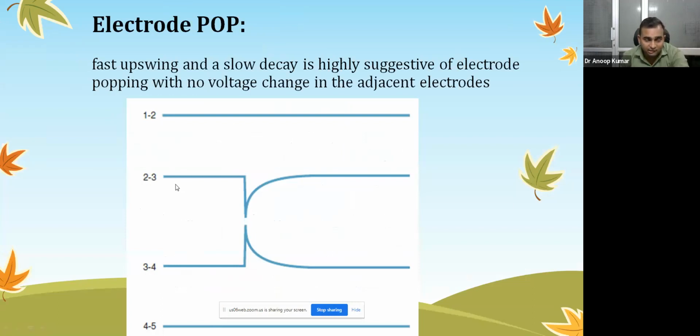Here we can see a clear-cut deviation from normality which is limited to 2-3 and 3-4, and they are kissing each other. The third electrode is the common one. So we can clearly see there is a movement artifact or popping of the electrode in the third electrode, not in the first, second, fourth or fifth electrode.